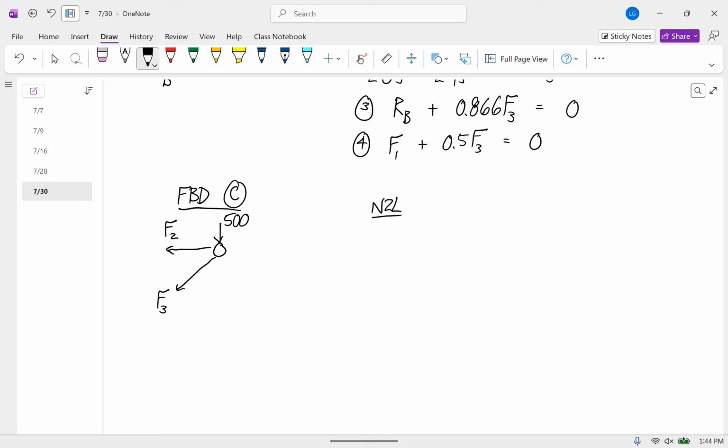So Newton's second law says negative F2, 0, plus, now we have to use a unit vector here, and you could use 210 degrees, 30 degrees counterclockwise past 180, but this will come out to be the opposite of what it was in the last case.